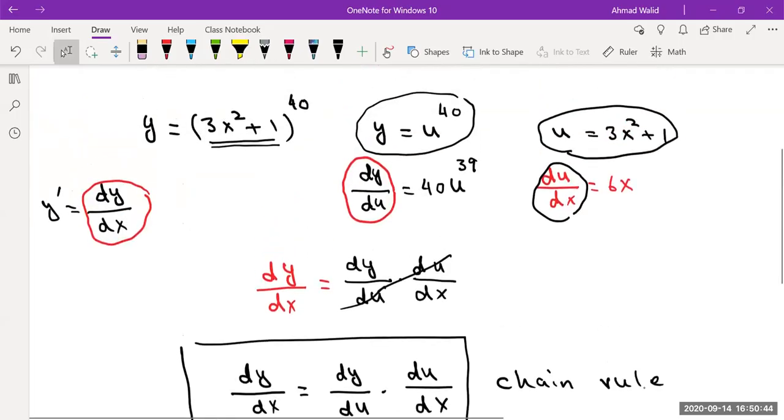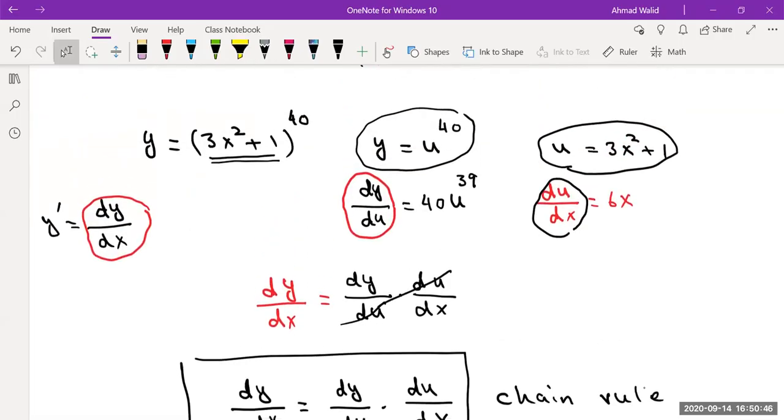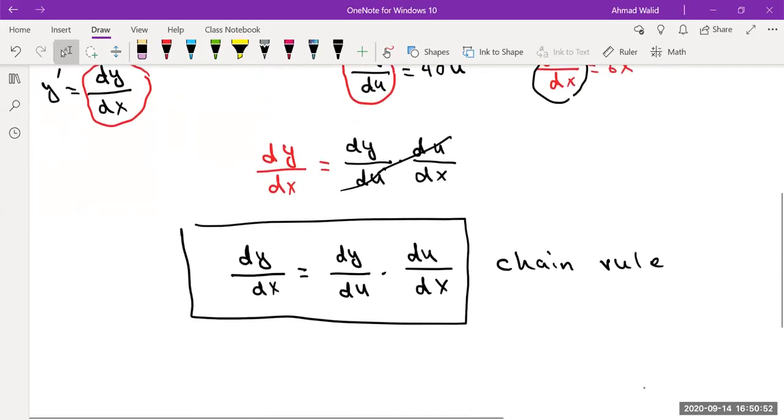But in this example, you clearly see the meaning of dy du, the meaning of du dx, and why dy dx is equal to dy du times du dx. We call this rule the chain rule. This is the Leibniz notation.